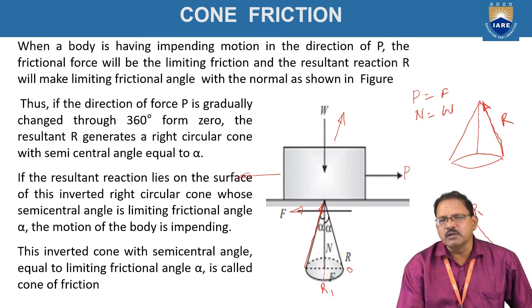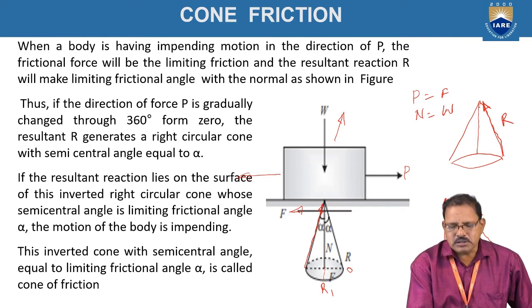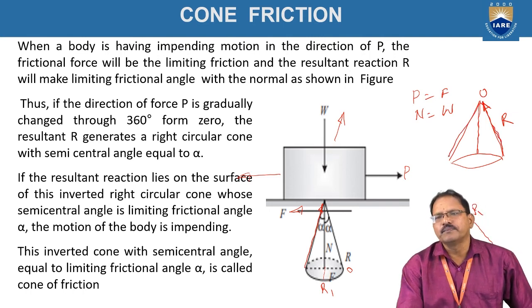In a right circular cone, the axis is perpendicular to the base of the cone. Here this is called the axis, O, and these are called the generators. These generators are infinite in number.